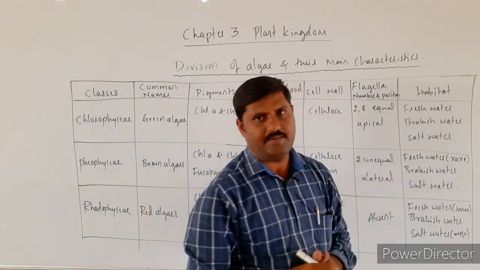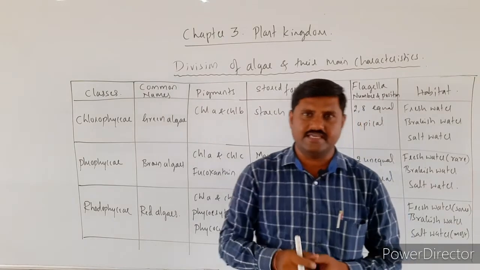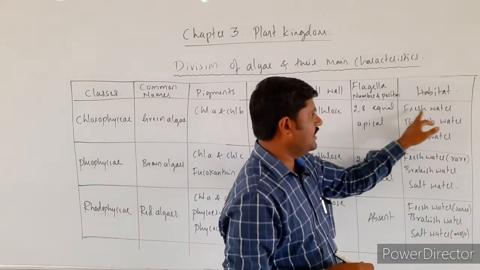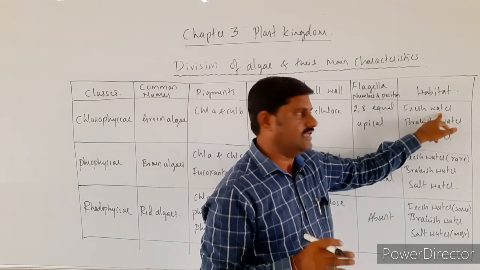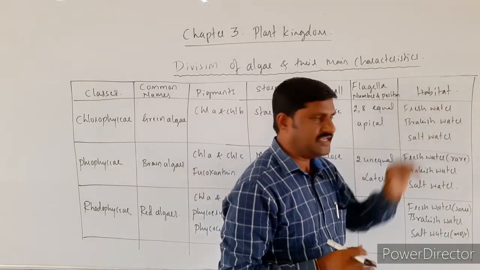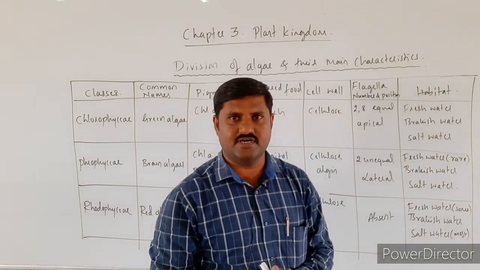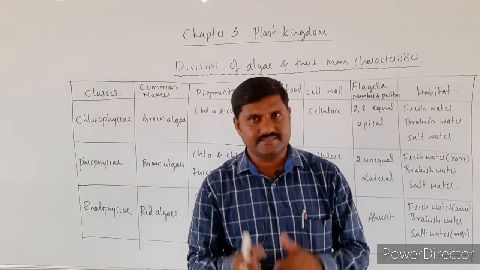And next, habitat of all these algae. We know they are mainly aquatic in nature, right? Green algae are seen in fresh water as well as brackish water. What is this brackish water? It is the water where the river joins the sea.